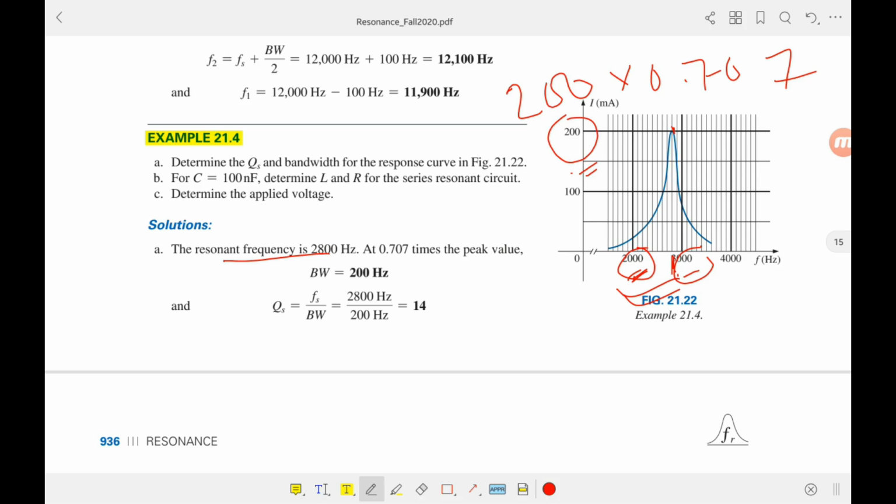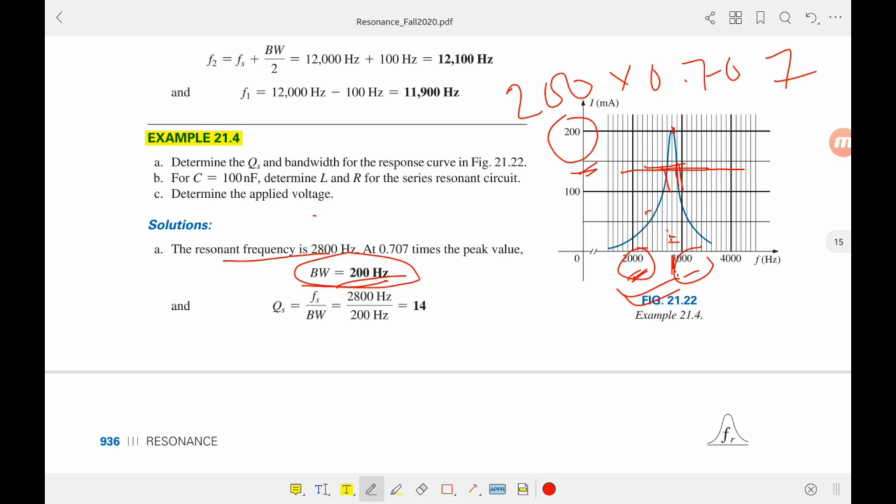So at this value, if you draw a line, it will be just like this. So this amount will be our bandwidth. If you calculate this, it consists of two horizontal boxes. So this will be 200 hertz, since one box is equal to 100 hertz in this graph. So bandwidth equals 200 hertz.